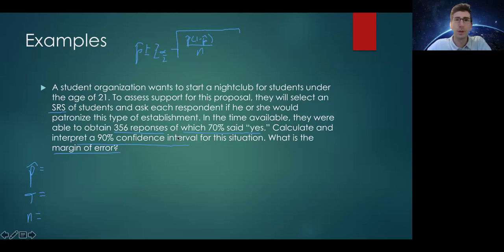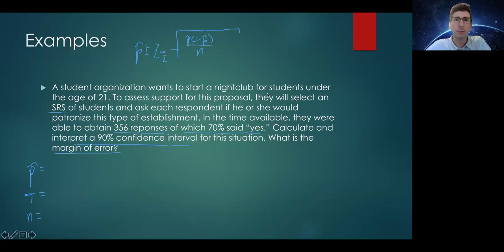If you want to pause this video, go ahead and give it a shot yourself. Also try to think about why this is a proportion problem. So hopefully you've paused it and thought about those things, found p hat, alpha, and n. We'll go over it now together.